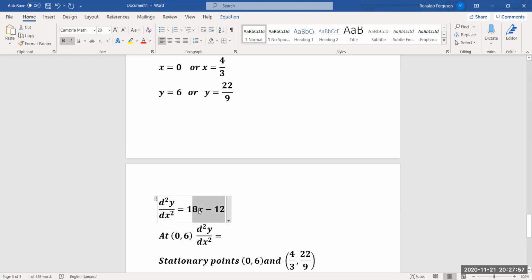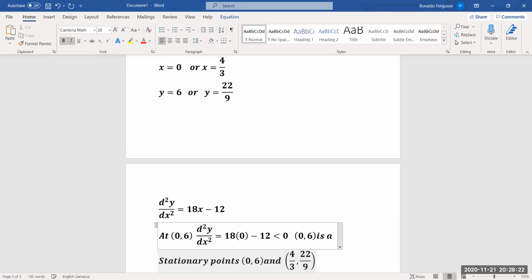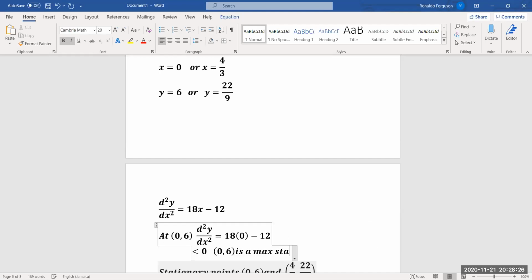So when x is 0, you're going to get 18 times 0 minus 12, and that works out to be negative, doesn't it? Yes, sir. And so what we're saying then is 0, 6 is what? A maximum stationary point, a max stat point. When I write max stat point, I mean maximum stationary point.